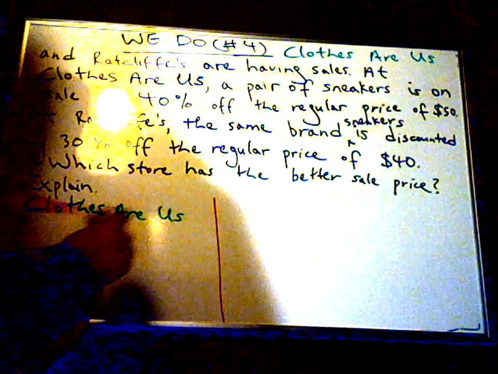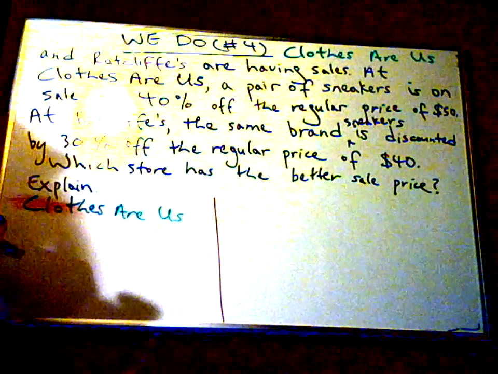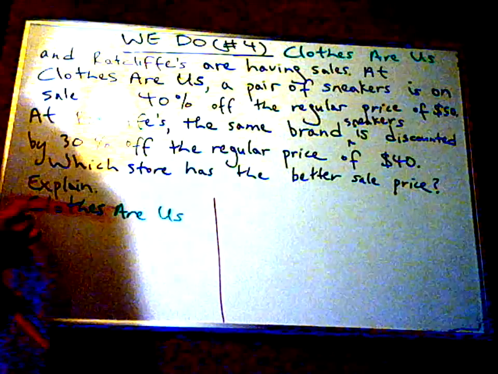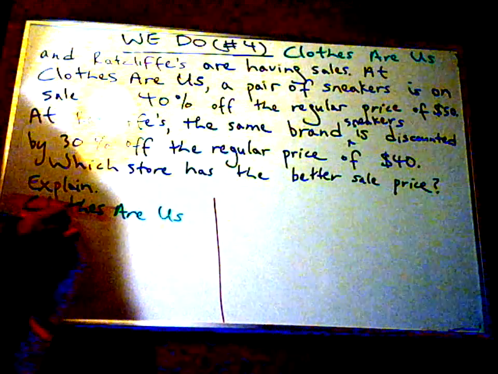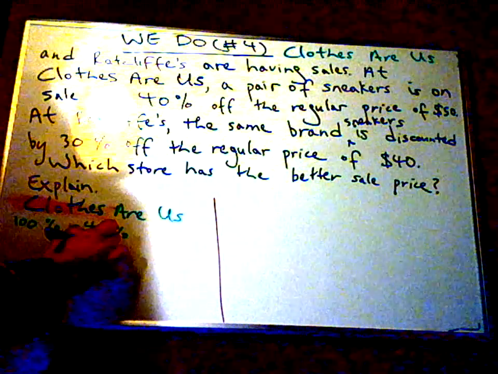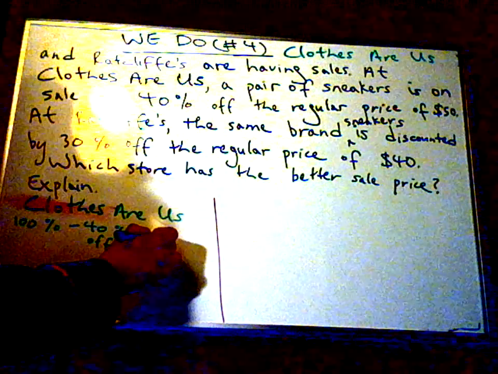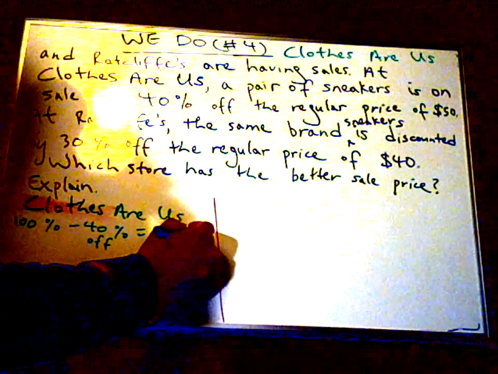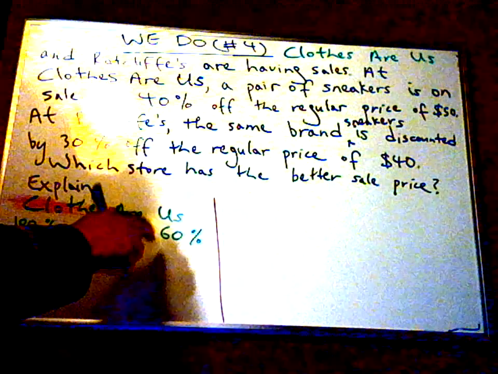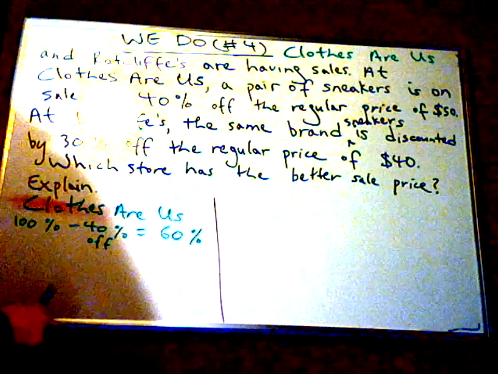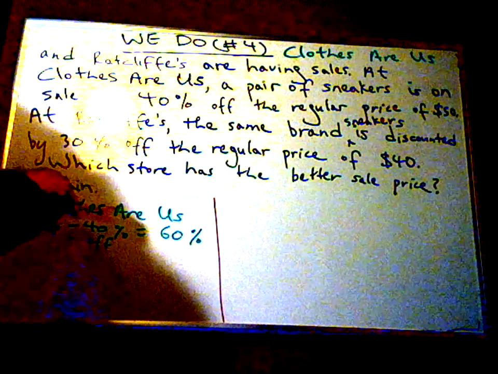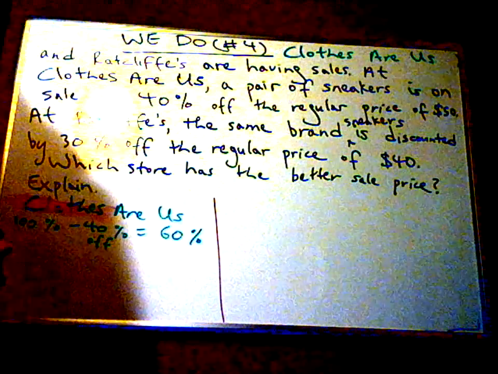Since we have a sale for 40% off, we have to pay the store 60%, because they ask us to not pay 40%. So 100% minus 40% leaves us with 60% to pay.